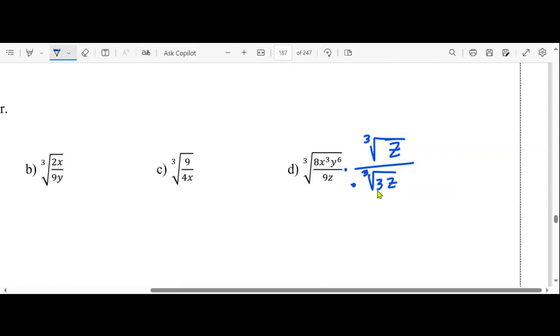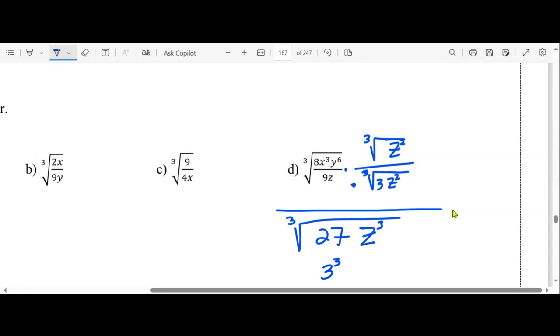Because 3 times 9 is 27. 27 is 3 to the power of 3. And z squared times z is z to the power of 3. And this is all to the power of 3. Okay? In the top, what do I have?